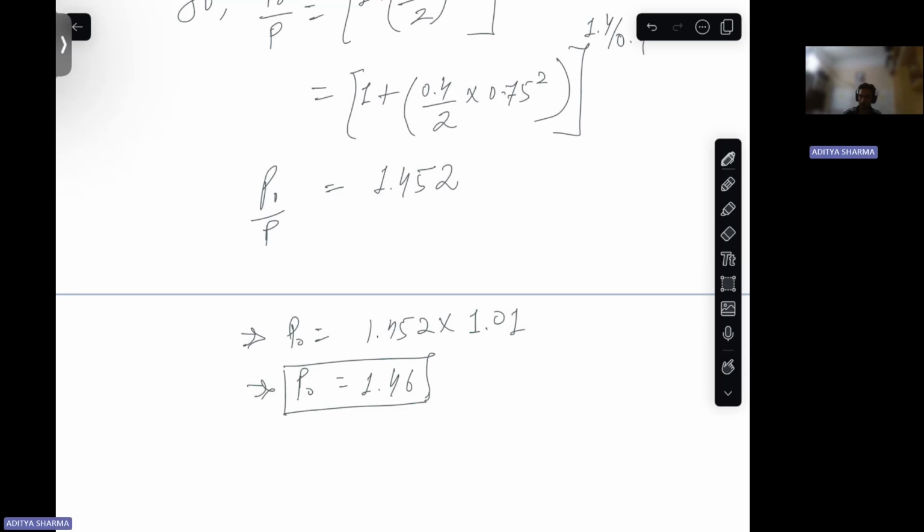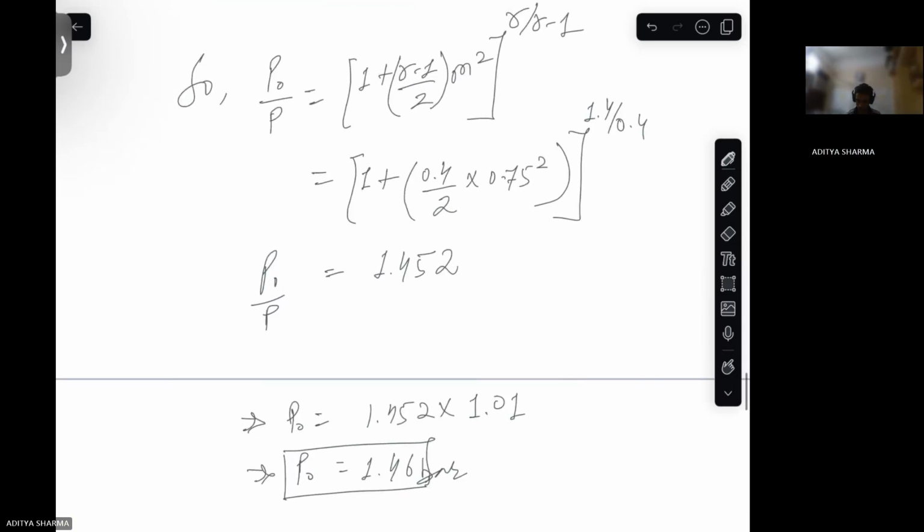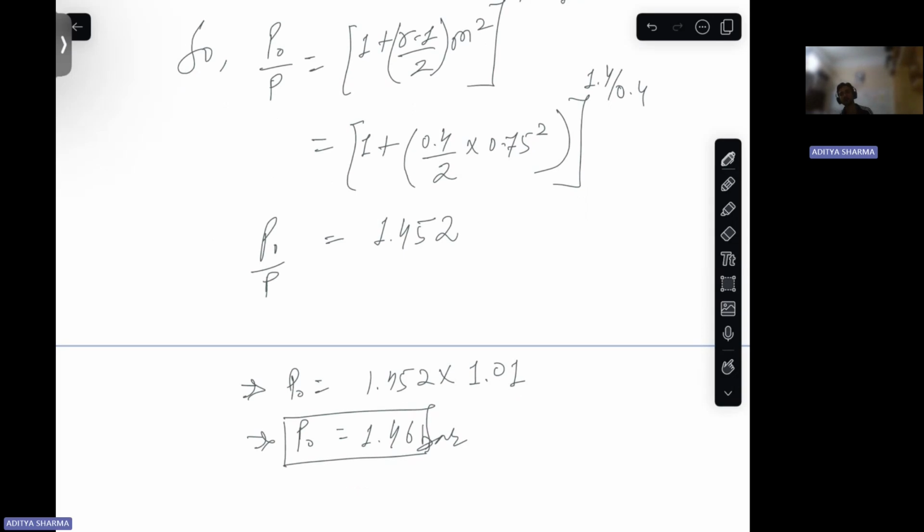So this is your stagnation pressure, 1.46 bar, because all the pressures have been taken in bar.